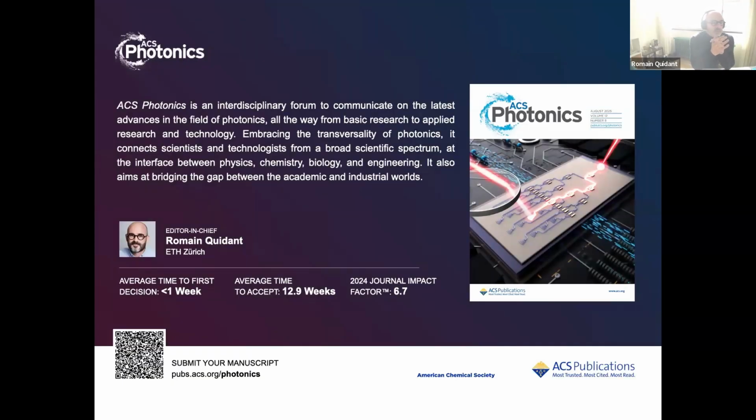I think what I've shown here today is an illustration of the kind of science we like to publish. We of course focus on advances in photonics. Photonics is an enabling technology nowadays. And ACS Photonics is an interdisciplinary forum where we bring together all the communities working on and contributing to photonics. They can be chemists, physicists, biologists, engineers.